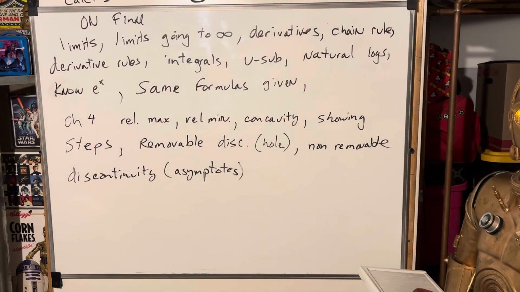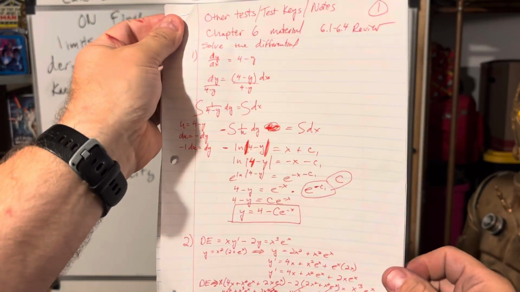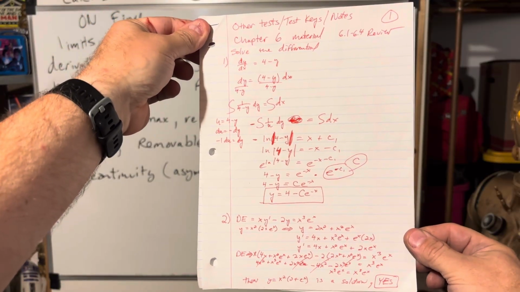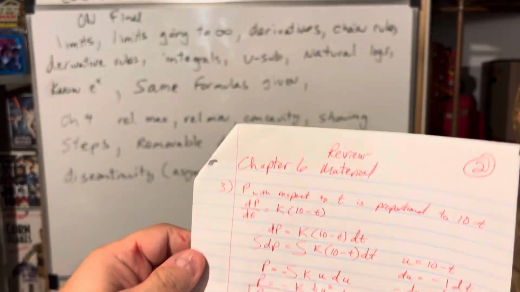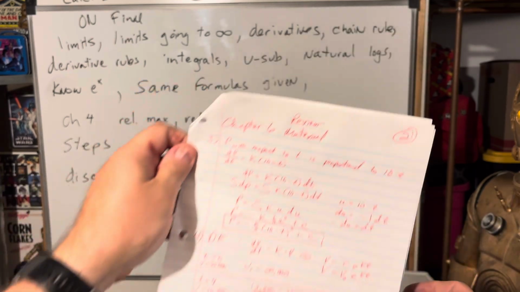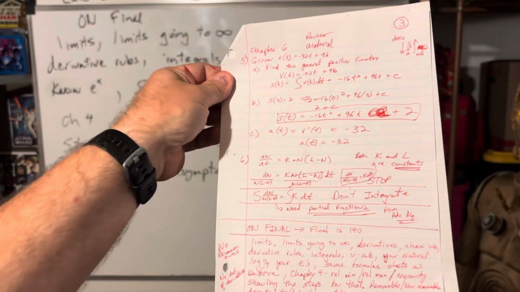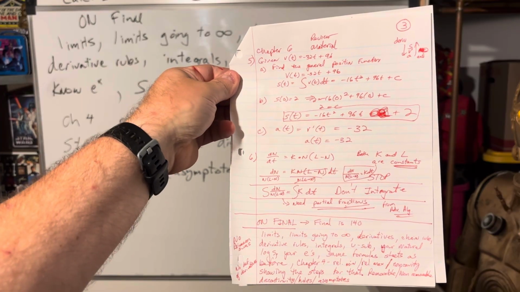And then 14 and 15 are just the written things. So here's the review work that I just went over. Page 1, that's number 1 and 2. Page 2, that's number 3 and 4. Page 3, that's number 5 and 6 in the laundry list of stuff that is on the test.